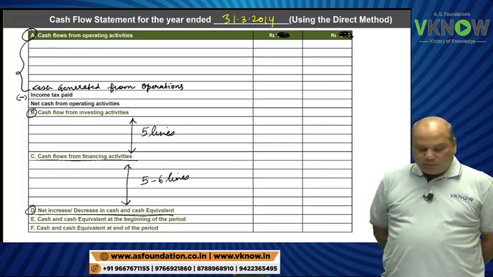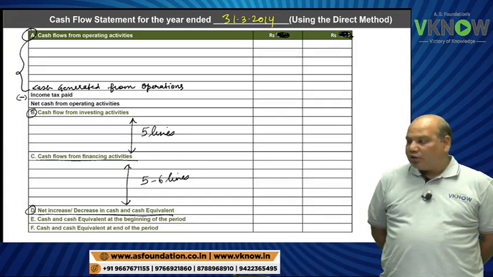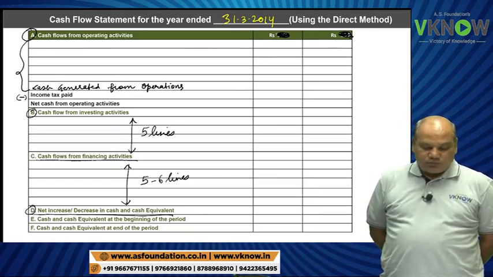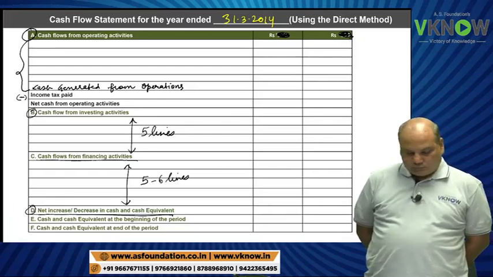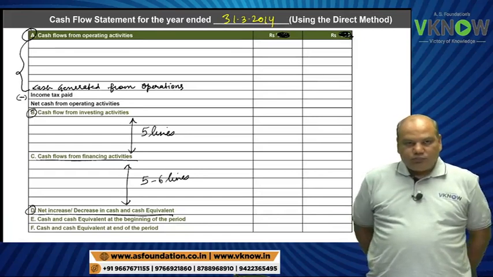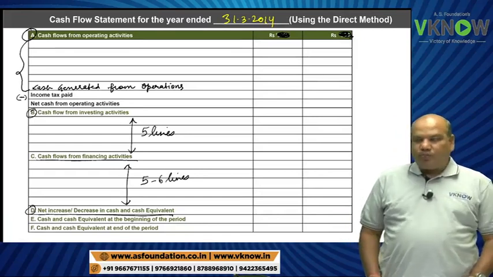Point number F, cash and cash equivalent at the end of the period. So first you complete this format.